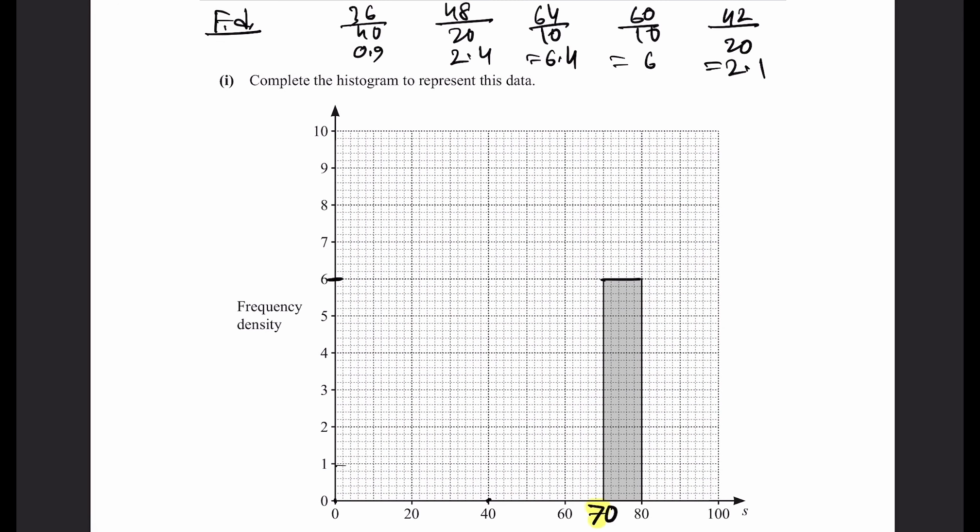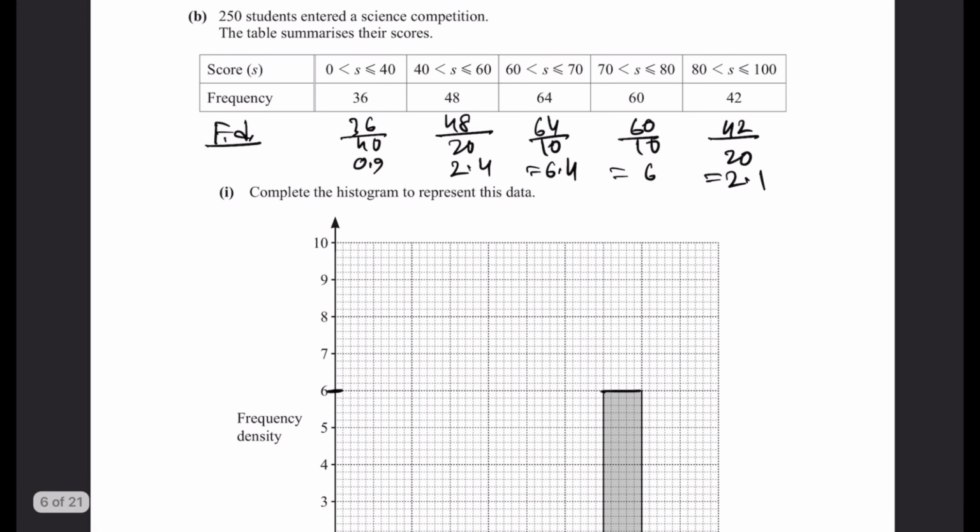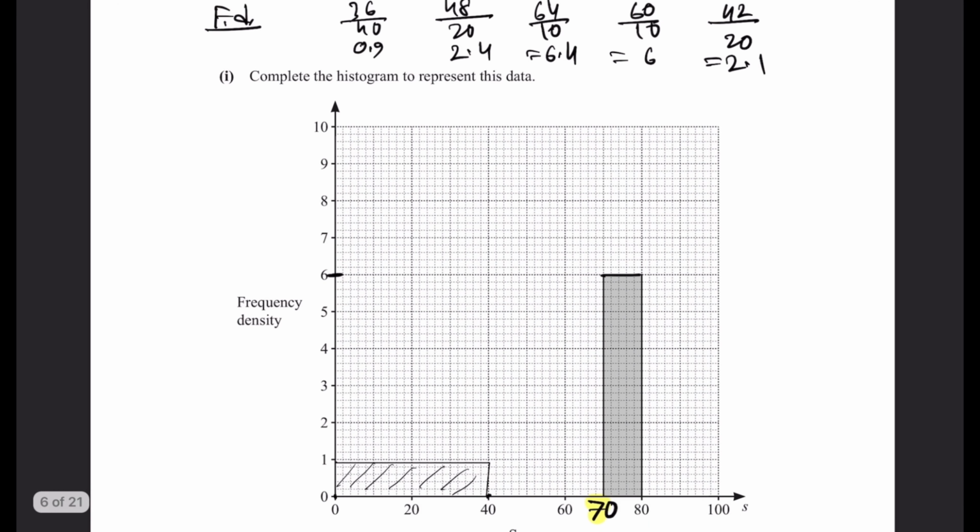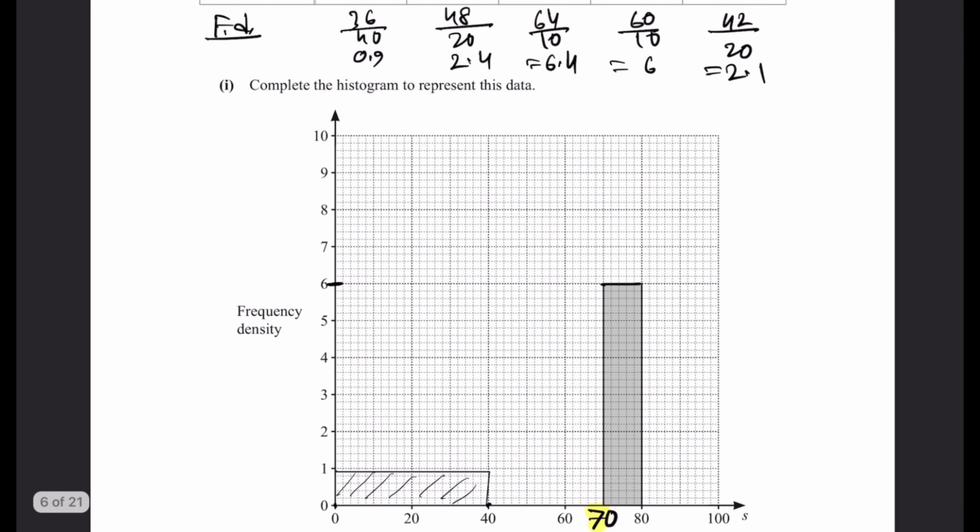Going for the same problem, this is 0 to 40. Then the next part is 40 to 60, which is 2.4.